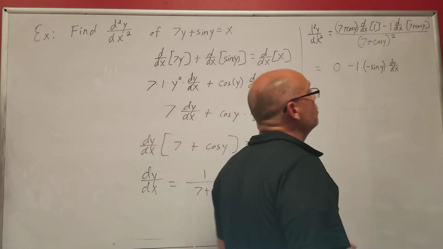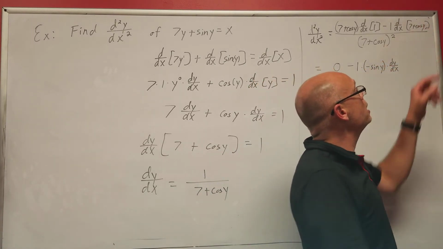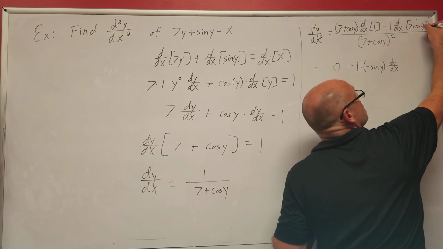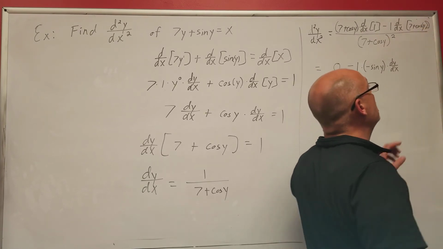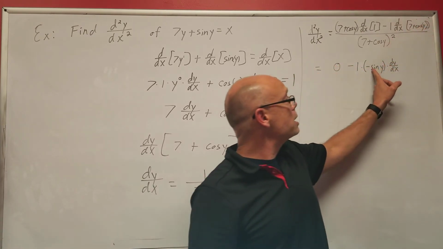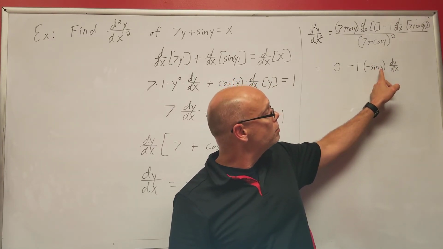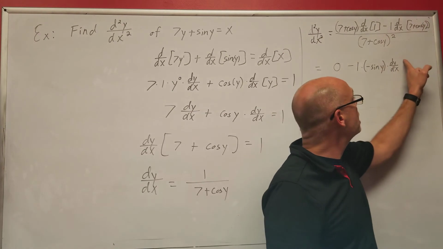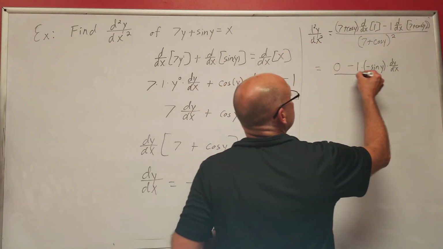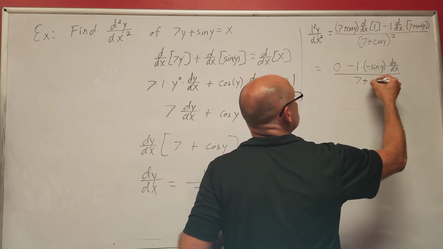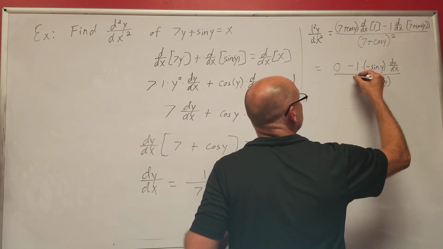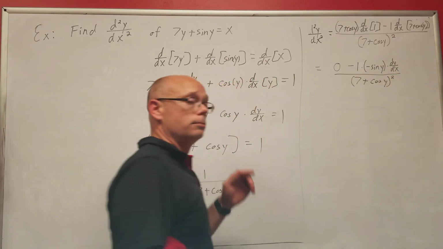How do I get dy over dx? That's a chain rule, isn't it? Inside is y, outside's cosine. So the derivative of the outside is negative sine at the inside, times the derivative of this inside, all over (7 plus cosine of y) quantity squared.